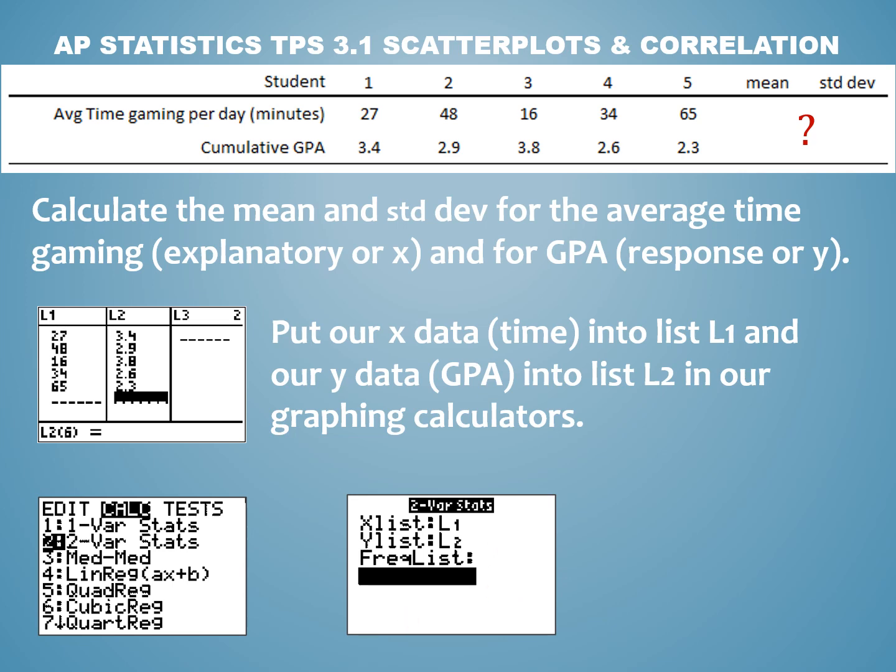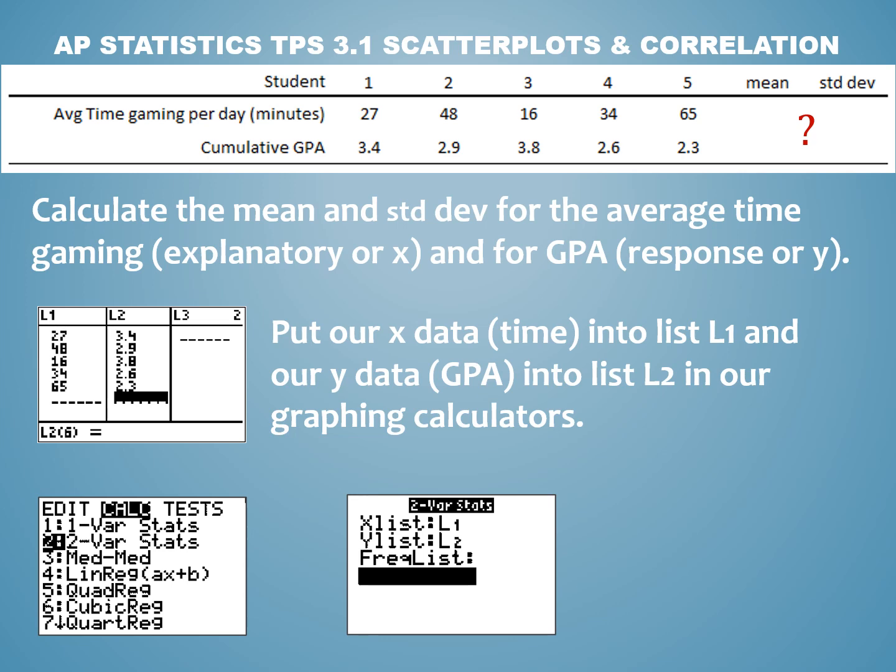Again, it won't matter for this calculation, but it will matter in later ones. So if you accidentally forgot to put in 2.9, you can't just put it in at the end, all right? That'll give us an error. The calculation won't work out right when we go to later things. All right, so we do Stat, we go to Calculate, the X list is list 1, the Y list is list 2.